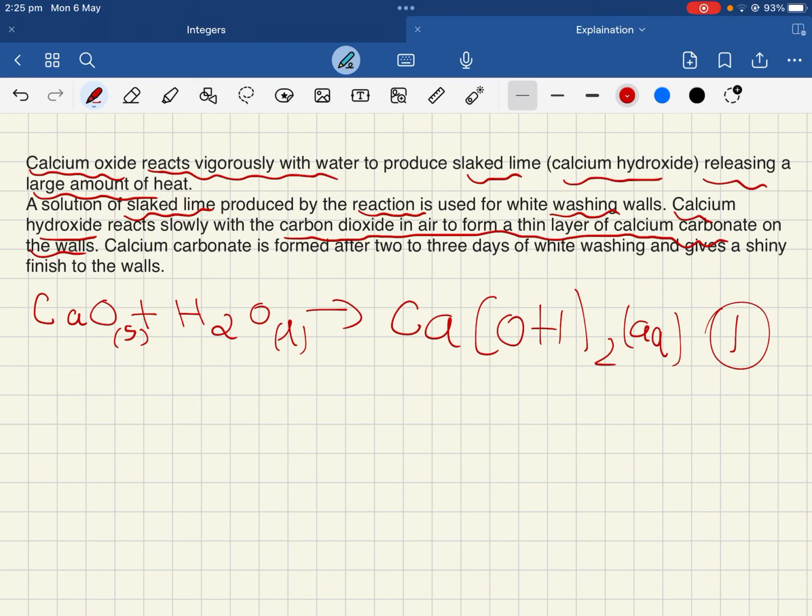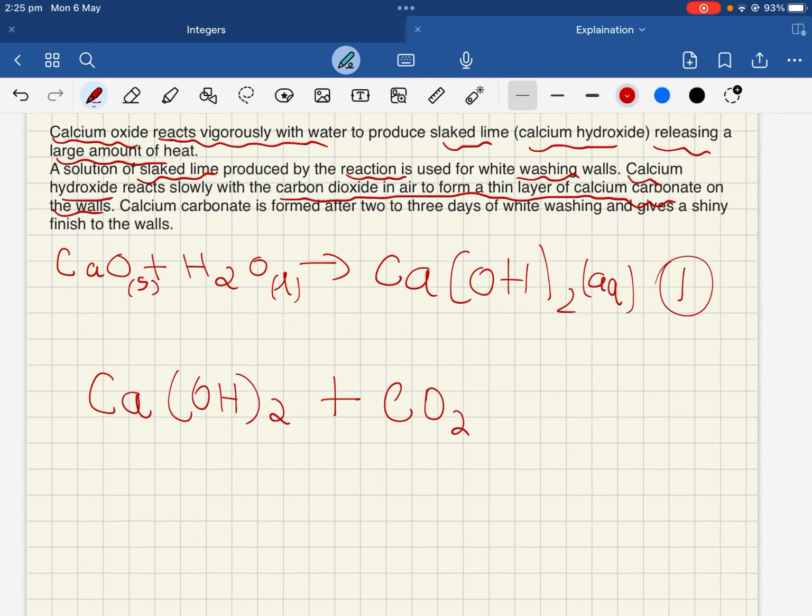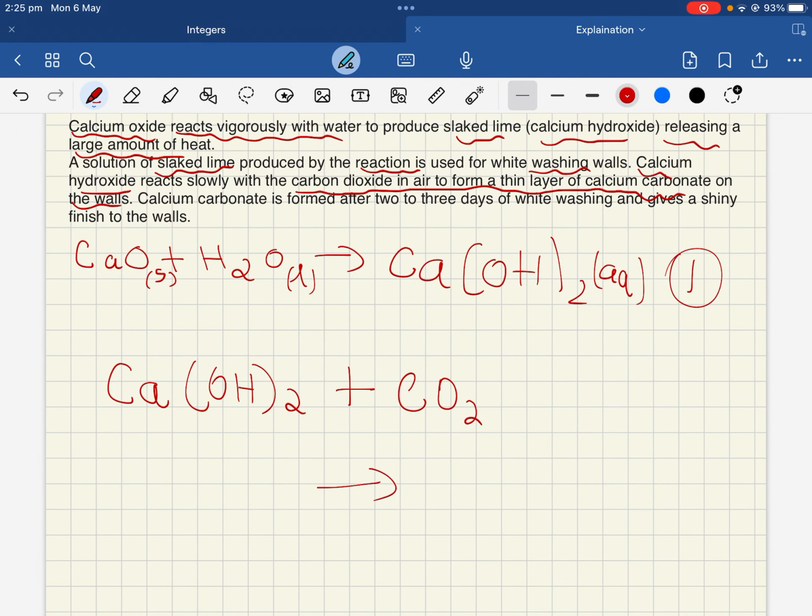Next we have another equation, calcium hydroxide reacts slowly with CO2 in the air to form a thin layer of calcium carbonate on the walls. Calcium carbonate is formed after 2 to 3 days of whitewashing and gives a shiny finish to the walls.